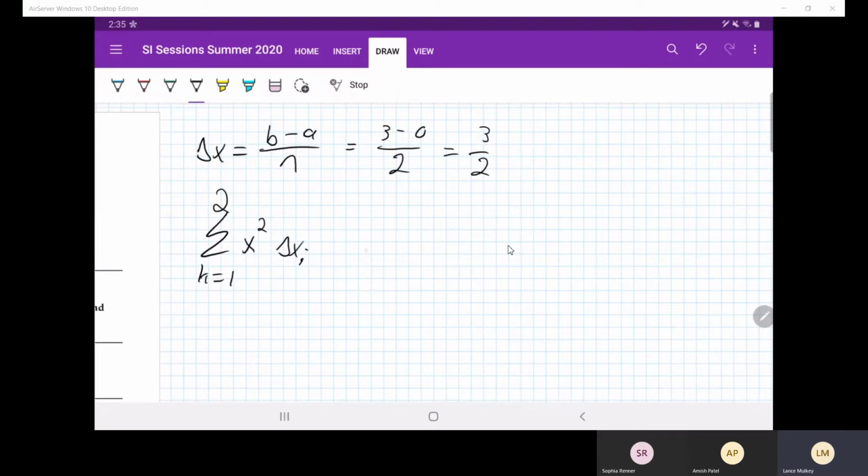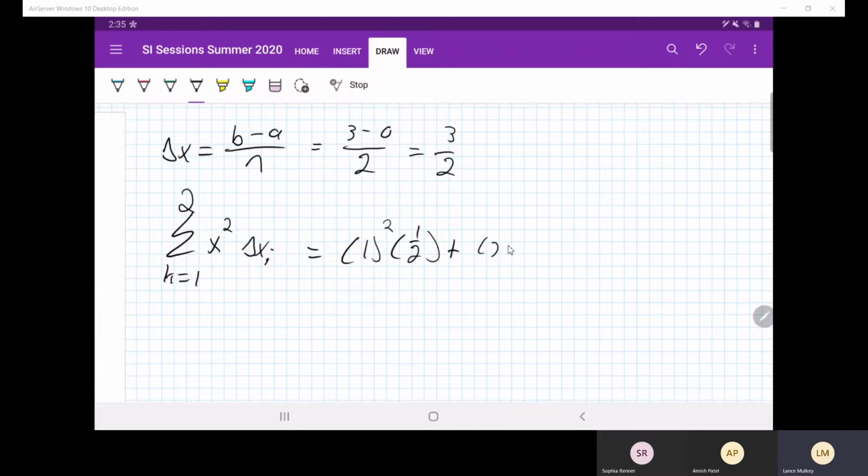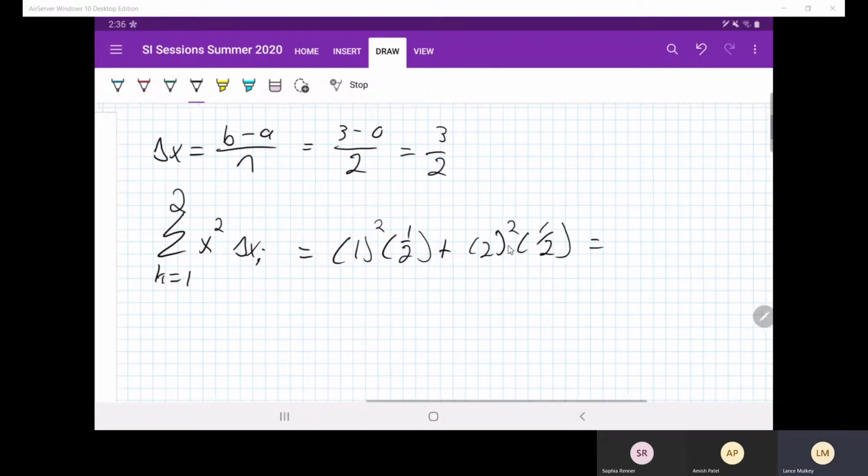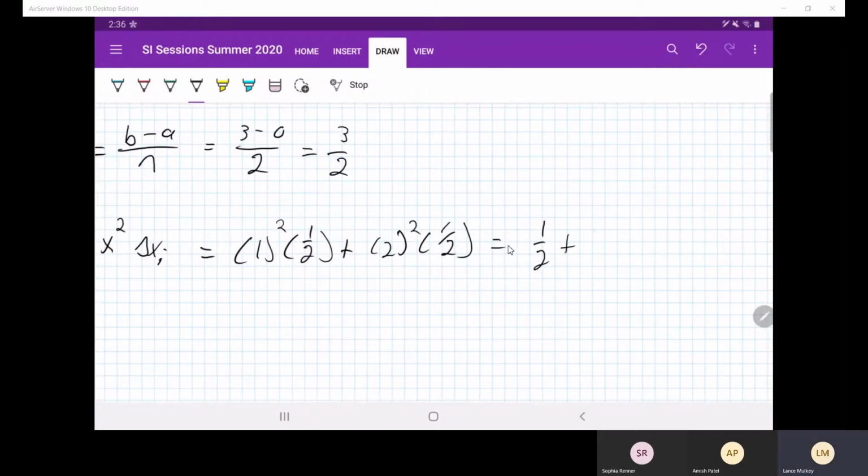So now that equals, you plug in your first number, 1 squared times delta x, that's 1/2, plus 2 squared times 1/2, which equals 1/2 plus 1, which equals 3/2.